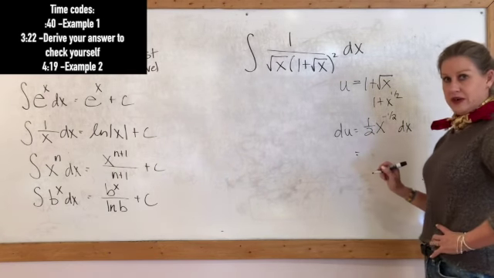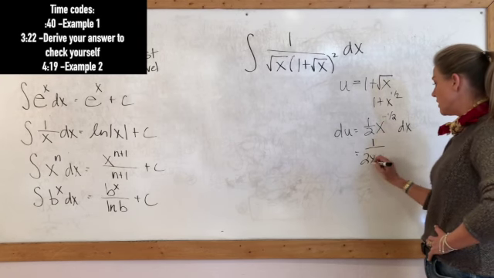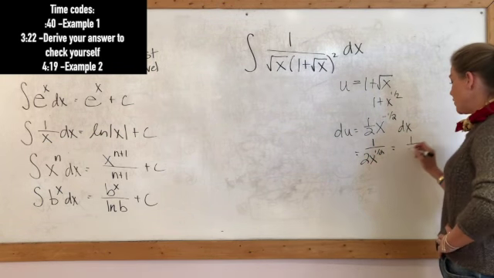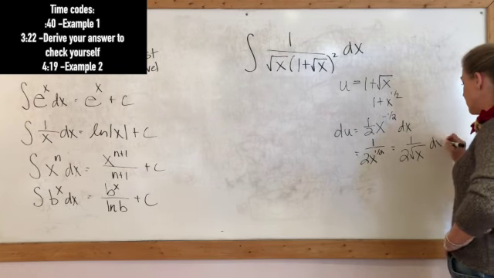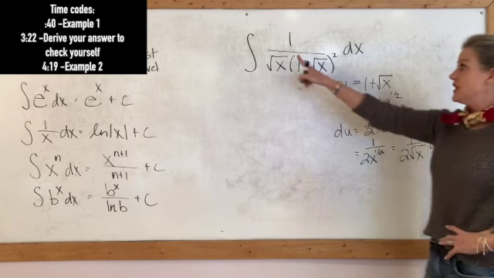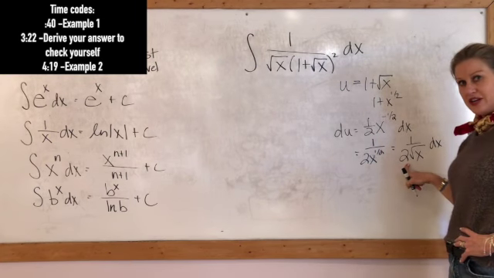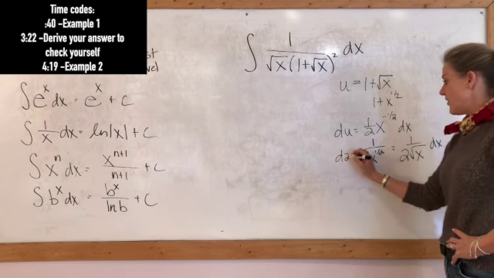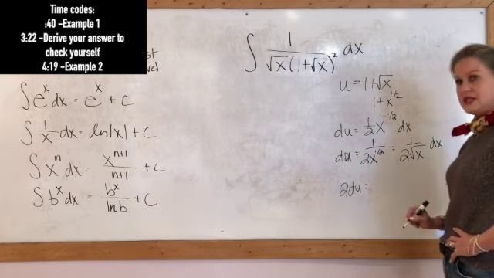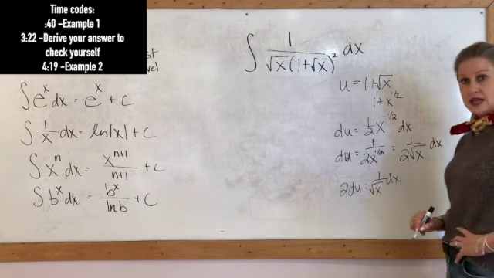So again, like I spoke about in the previous example, this could move to the denominator and become positive, and that could then convert to the radical. So that gets me really close to the 1 over root x dx. I just have a 2 in the denominator here that I don't like. So if I multiply both sides by 2, then I know that 2 du is 1 over root x dx.